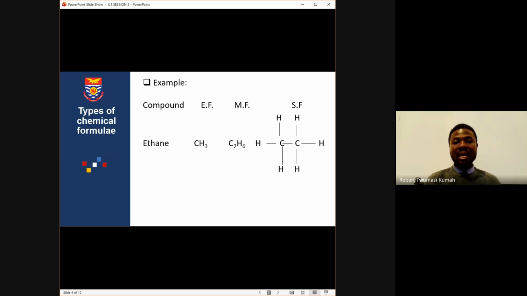That gives us the actual number of atoms present. And we have the structural formula. So this structural formula is the formula of this molecular formula as we have here. So we have 2 carbon atoms and then 6 hydrogen atoms over here.